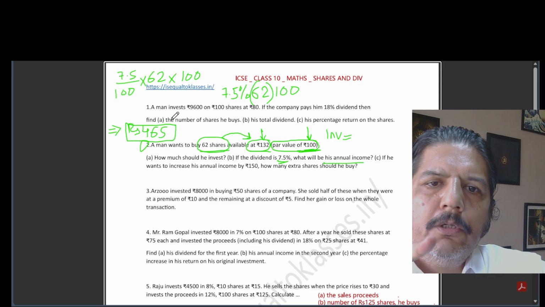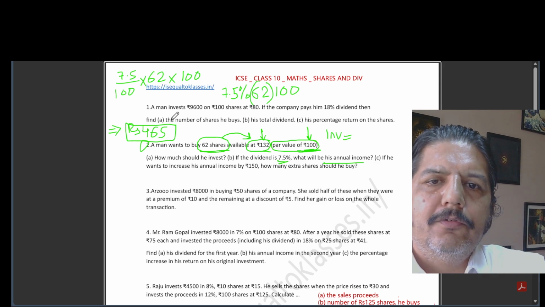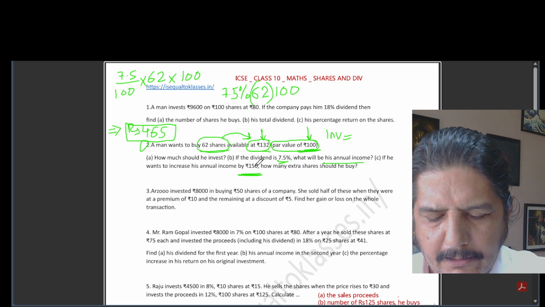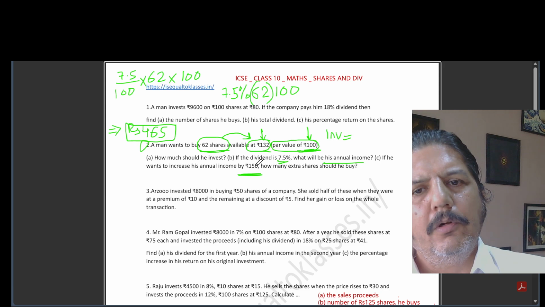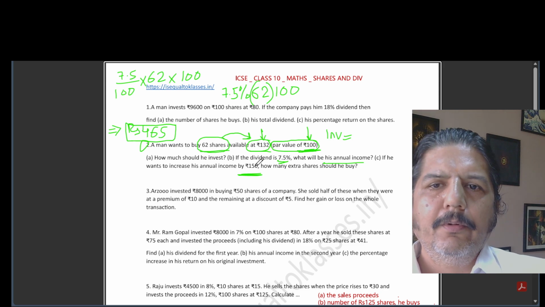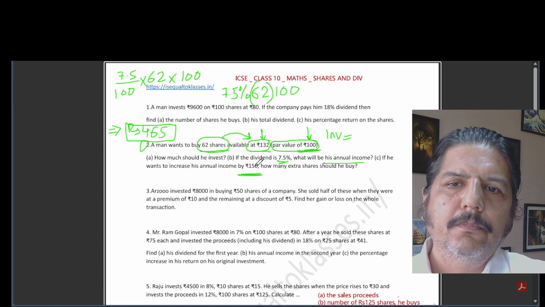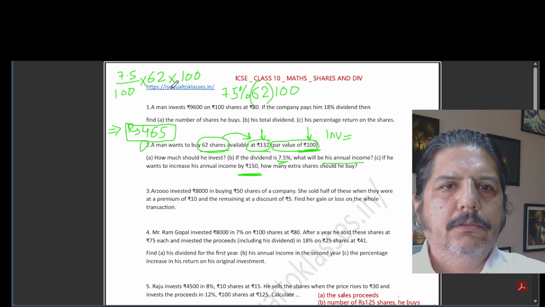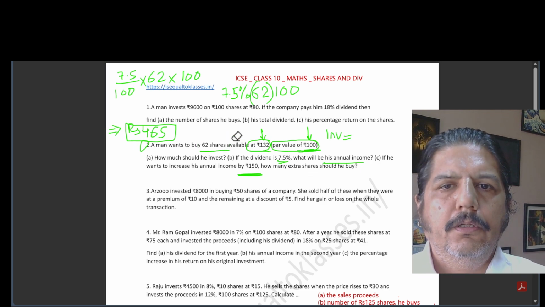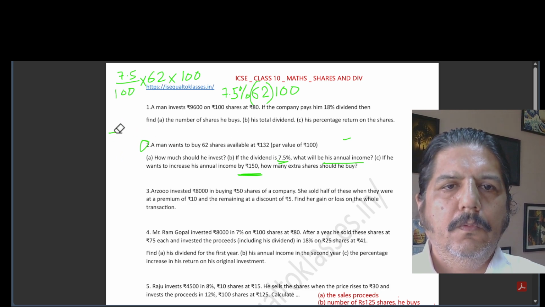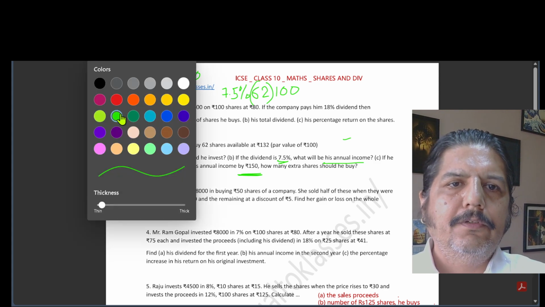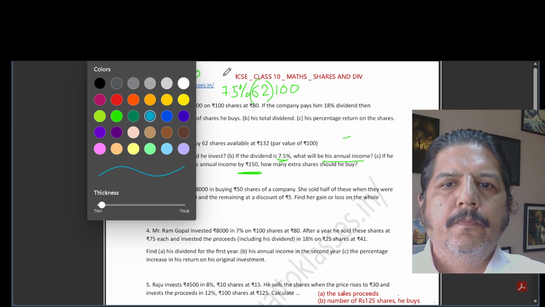If he wants to increase his annual income by rupees 150, how many extra shares should he buy? See, let us see the income that he is able to generate on one share.